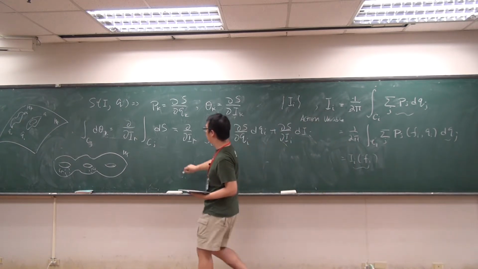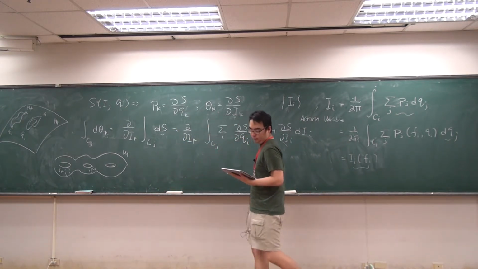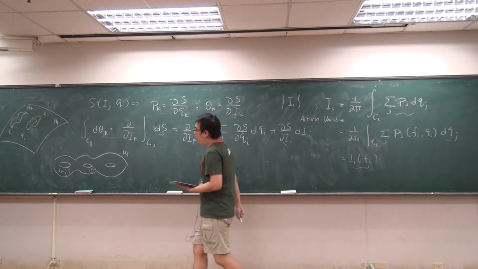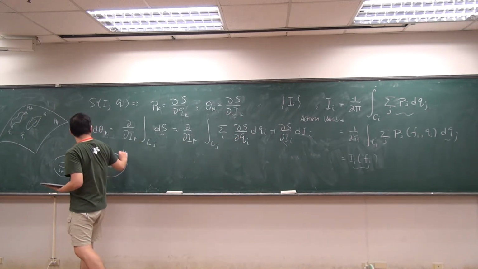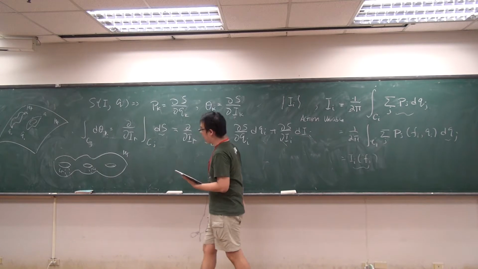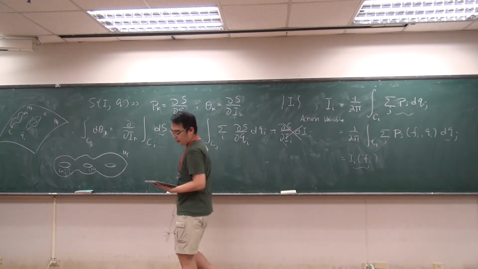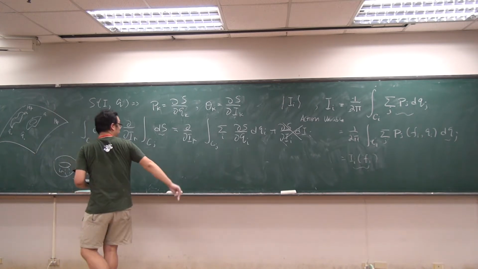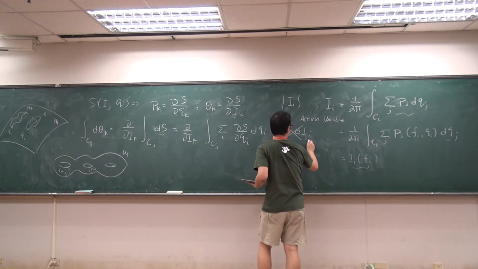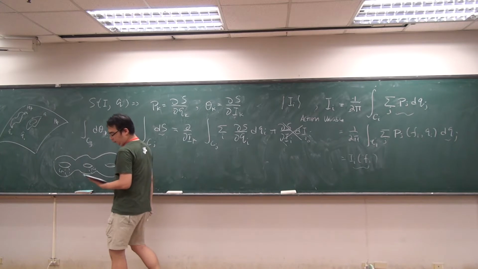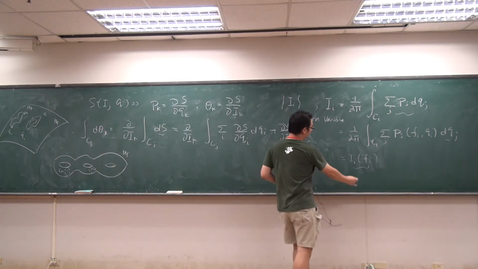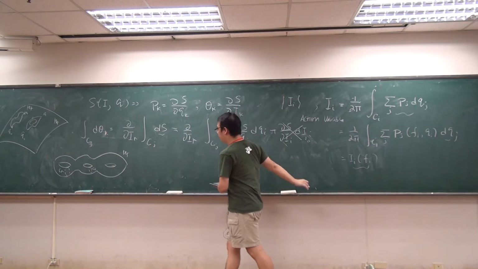so that differential, that's the definition of dS. But on the surface M_F, we know this guy is 0 because dI vanishes. Since I is a function of f, which is constant, therefore I is constant.